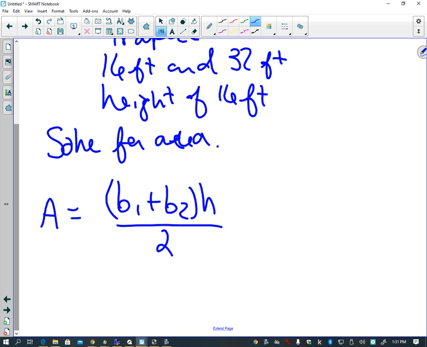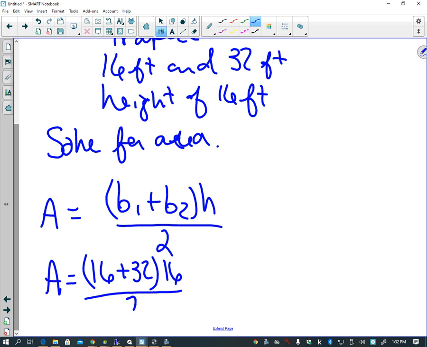The rest of this, you're going to take the information that's been given and you need to accurately substitute it in. So what is B1? Base 1, okay, which is, in this case, 16 plus 32 times 16 and divide by 2.